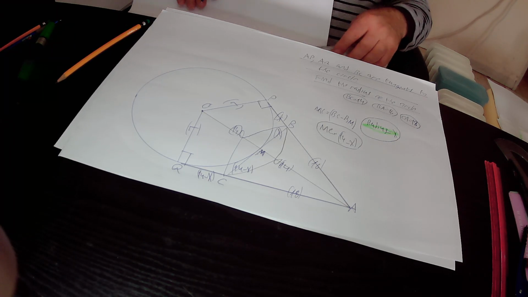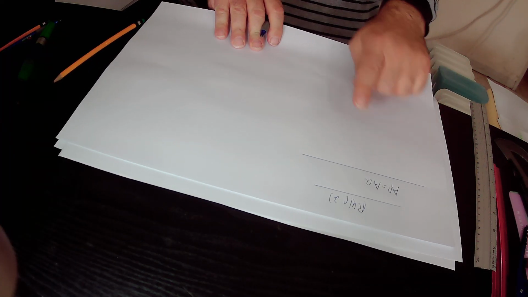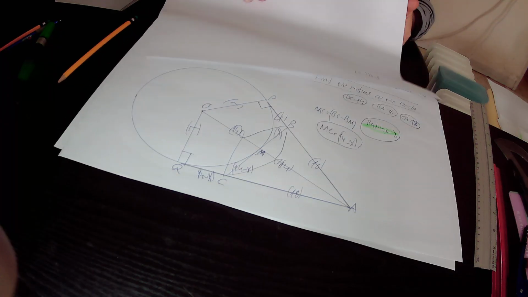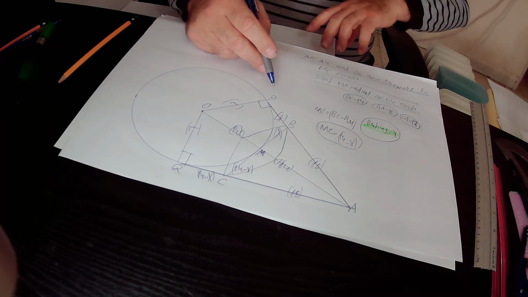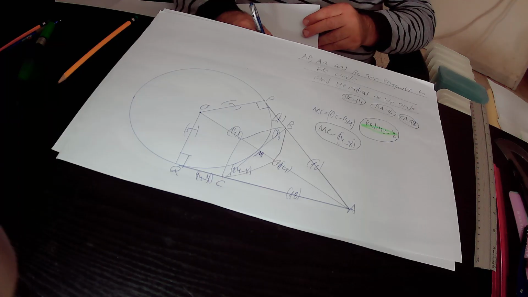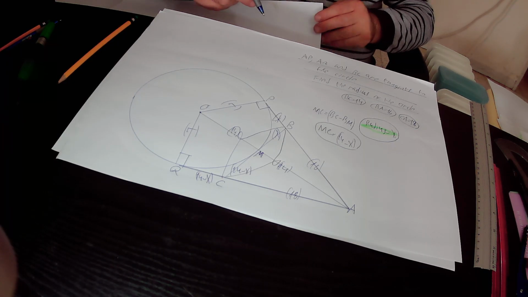And again, according to rule 2, tangent AP equals tangent AQ in length. AP equals x plus 16, and it equals AQ.